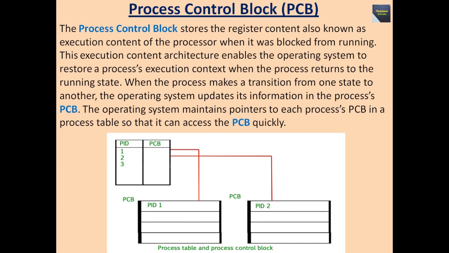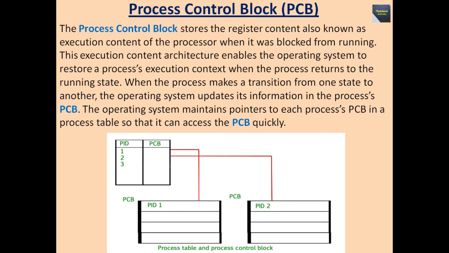Okay? The operating system maintains pointers to each process's PCB in a process table so that it can access the PCB quickly. A process control block or simply PCB is a data structure that is used to store the information of a process that might be needed to manage the scheduling of a particular process.